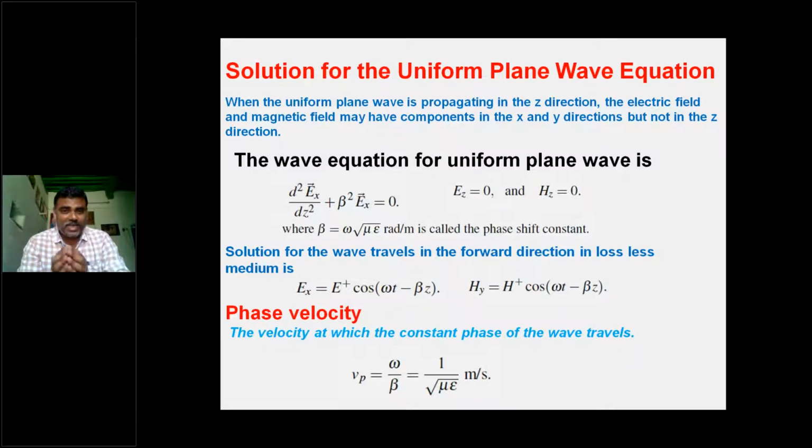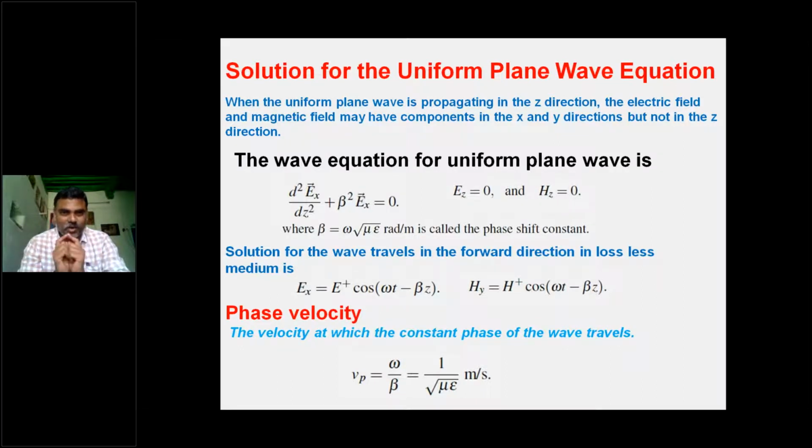We are considering the direction of propagation along the z direction, so there is no component along the z direction; both Ez and Hz are zero. If the electric field is along the x direction, then definitely there is a magnetic field in the y direction. Here just consider the electric field is in the x direction.